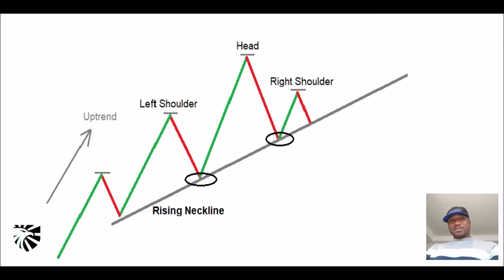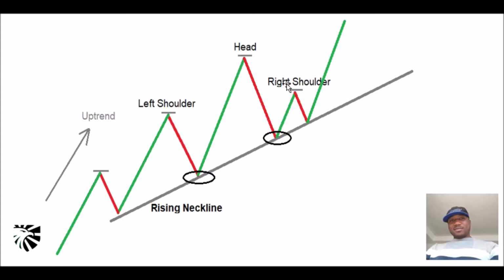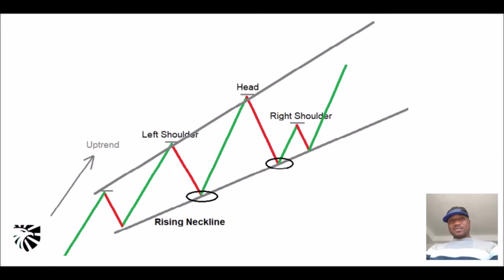Why? Because this is what happens most of the time. When the price comes back to the neckline, the price bounces. It might just break a little bit, but it will bounce, come back, and the price will just go to the upside and keep ranging in a channel. You will see the price ranging in between a channel.